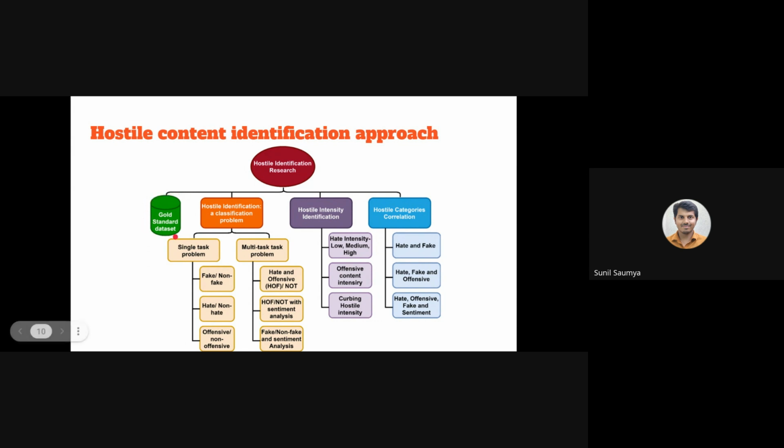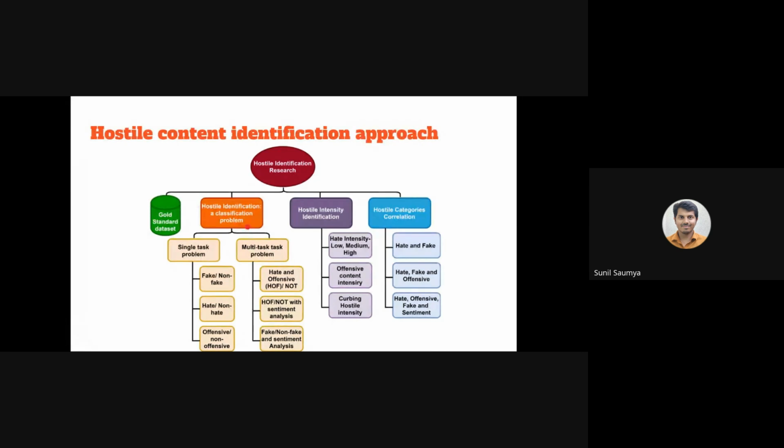We were not finding data sets, maybe in the early 2010s or between 2005 and 2010. We didn't have a data set to train the model so that it can identify the pattern, whether it is hate or not hate. But then we got rid of that problem. Nowadays, we have an ample amount of data sets.